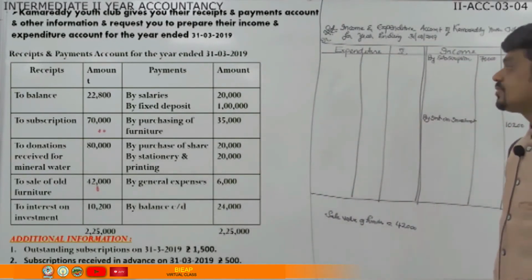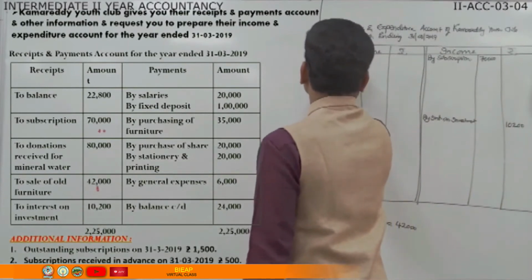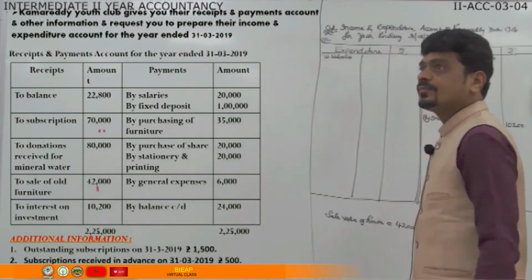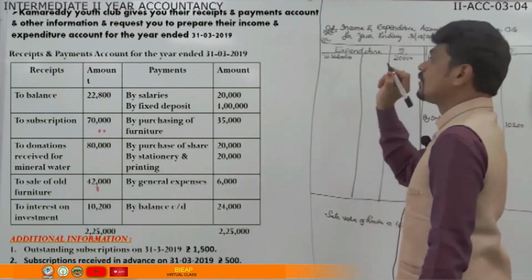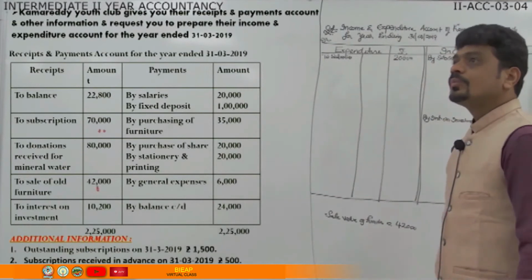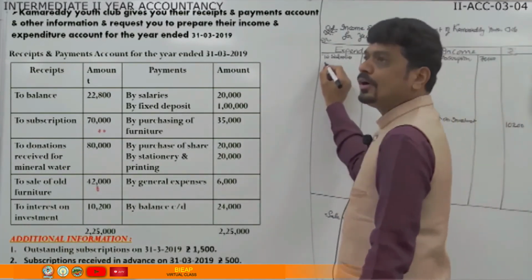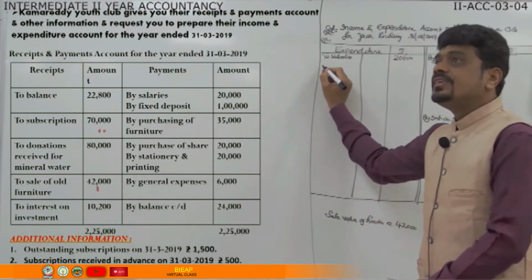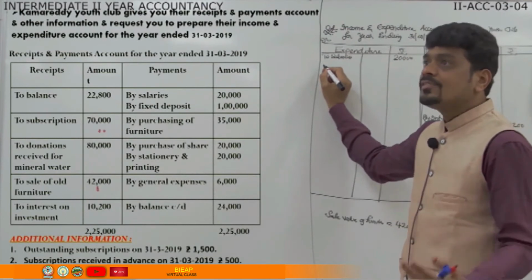Then salaries. Salaries are expenditure. So to salaries, amount is 20,000, no adjustment. Then they gave you fixed deposit. Fixed deposit is an asset, nothing but the amount which we kept in the bank as deposit.